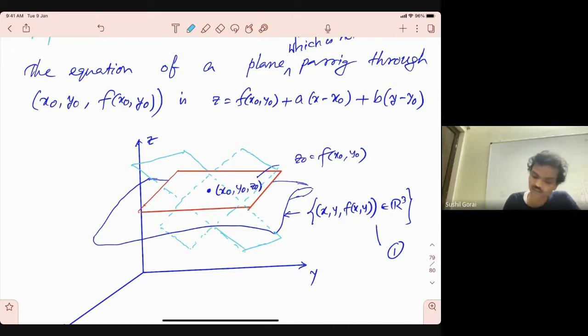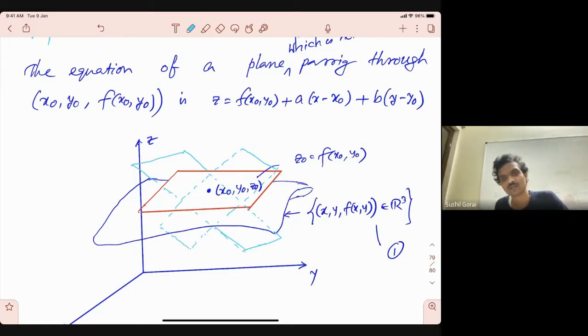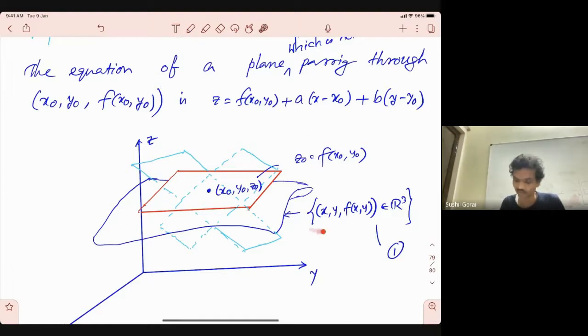So it is a general equation passing through this point. Now we need to find conditions under which this will become the tangent of this graph.